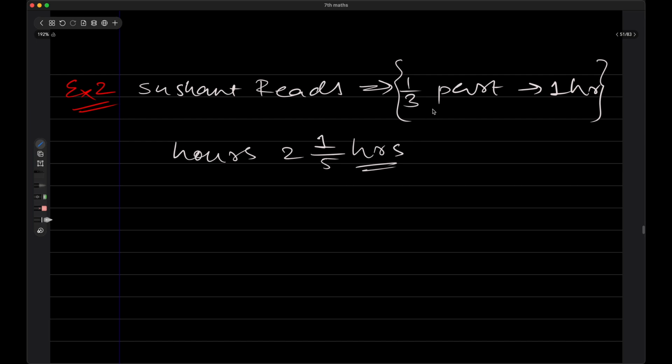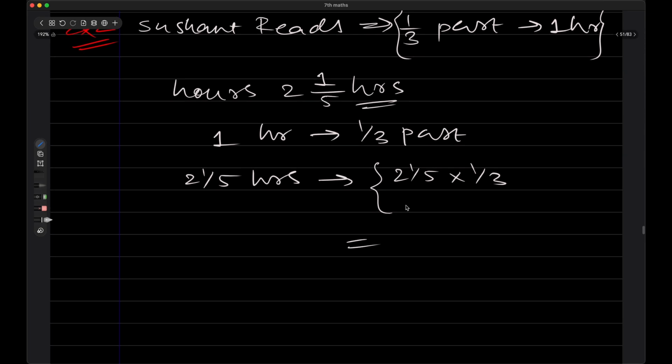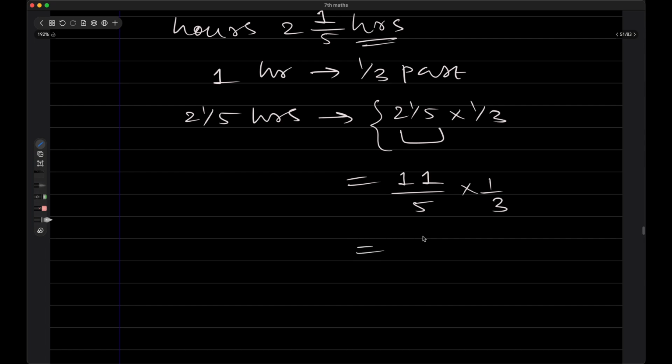If Sushant reads 1 by 3 part of the book in 1 hour, then in 1 by 5 hours he will read 1 by 5 into 1 by 3 part of the book. We have to convert the mixed fraction to an improper fraction, that is 5 into 2 plus 1, that is 11 divided by 5 into 1 divided by 3, that is equal to 11 into 1 is 11, and 5 threes are 15.